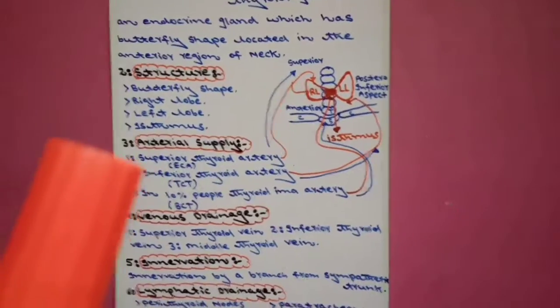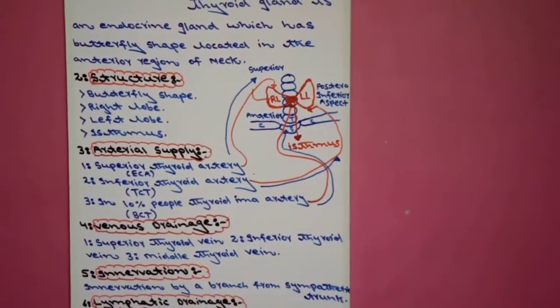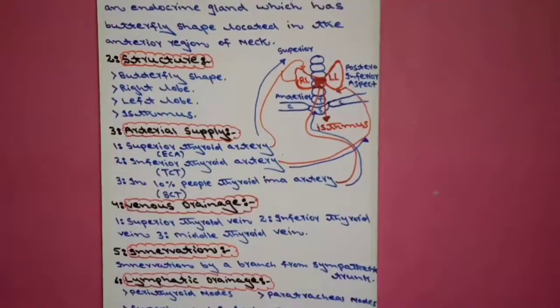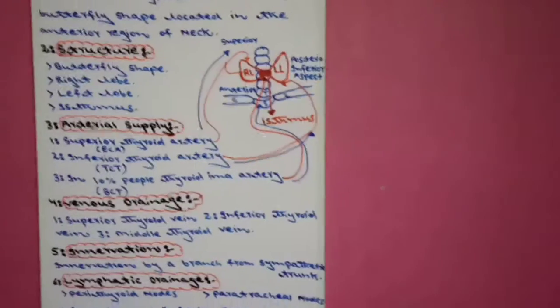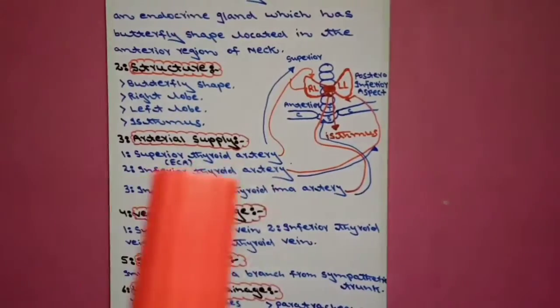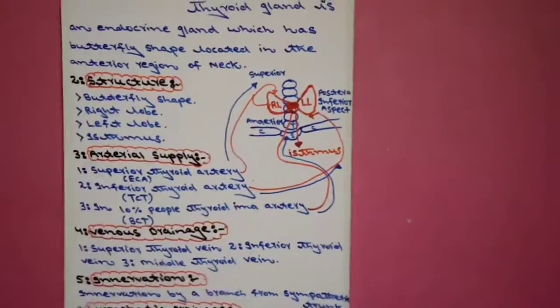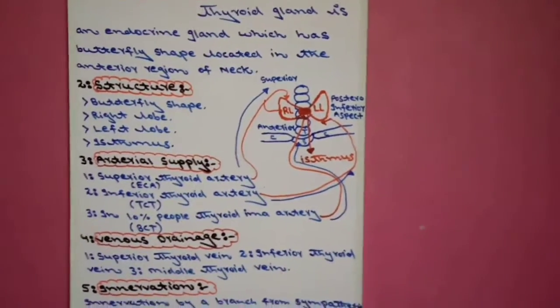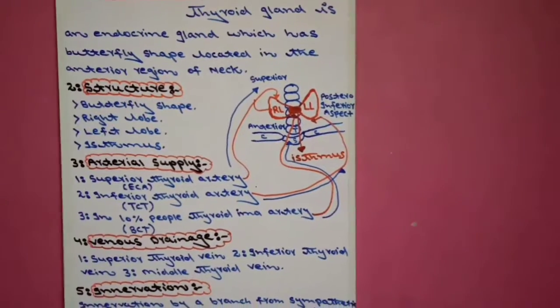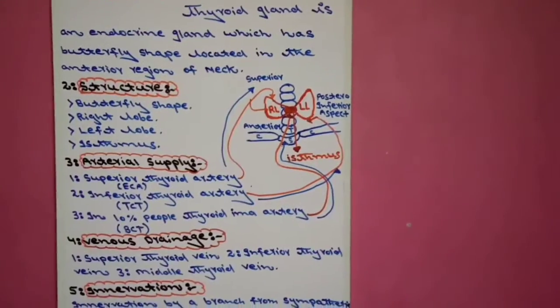Now there are 3 arteries which supply the thyroid gland. Number 1, superior thyroid artery. Superior thyroid artery is the branch of external carotid artery, and its name suggests it supplies the superior region of the thyroid gland.